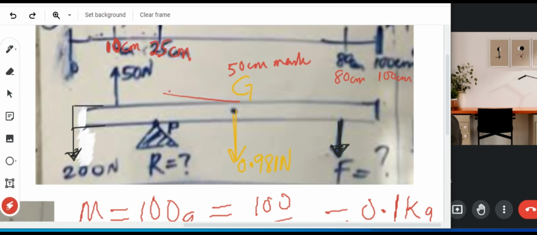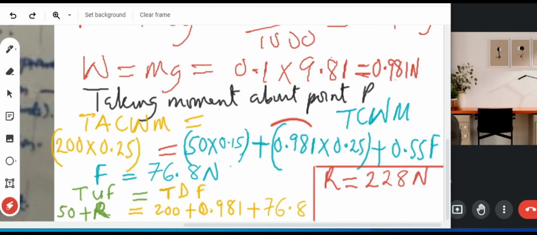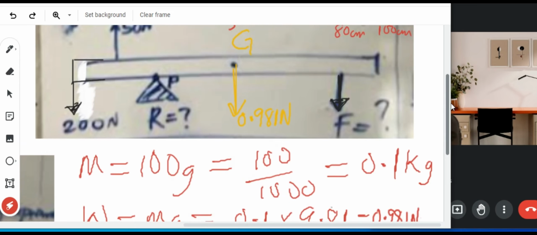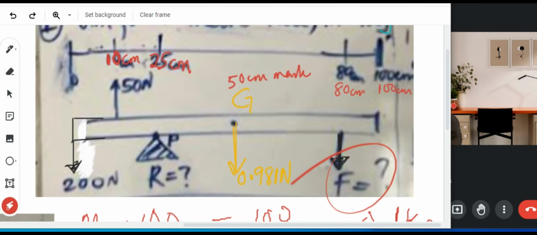So the distance is 50 minus 25, or 25 centimeters. So the moment of this is 0.981 times 0.25 meters.